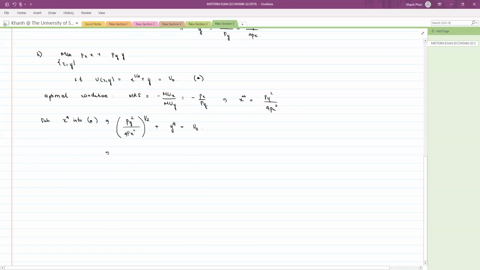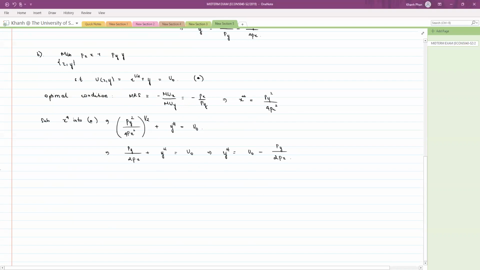The square root of this gives me py over 2px, plus y hash equal to u0. Therefore y hash is equal to u0 minus py divided by 2px. This is the Hicksian demand for goods x and y.